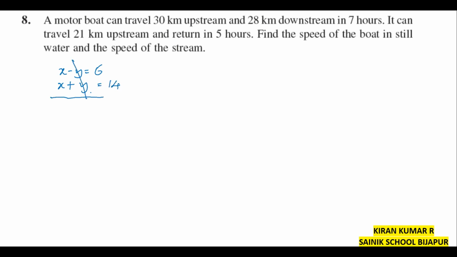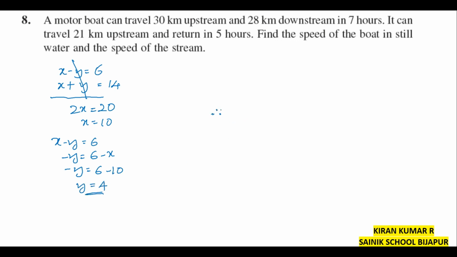Now if you add them, we get 2x is equal to 20, x value is 10. Now let me consider this first equation. Minus y will be equal to 6 minus x. So minus y is equal to 6 minus 10. So y will be 4.